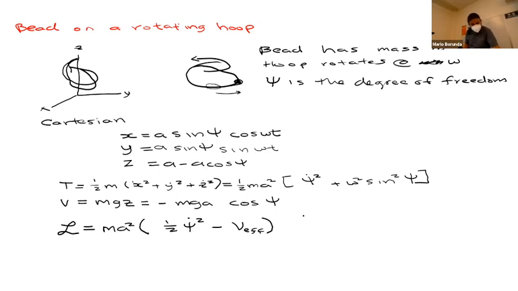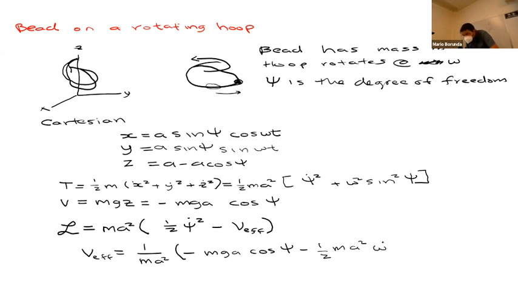Here, I just lumped everything else that is related to psi, not to psi dot, into the effective potential, where the effective potential is given by 1/m a squared times negative mga cosine psi minus 1/2 m a squared omega squared sine squared psi. So I have a kinetic term and a potential term.